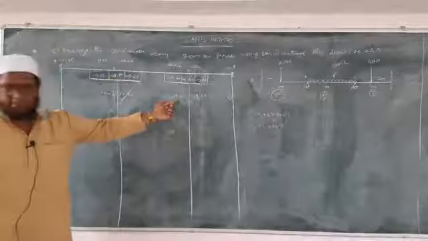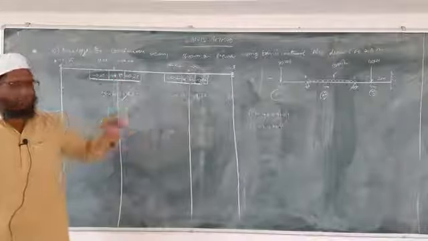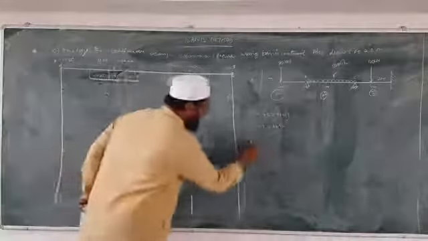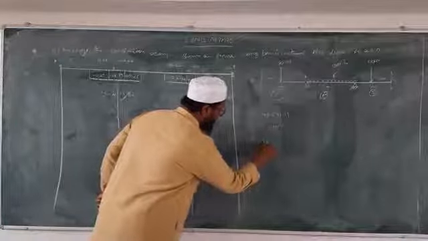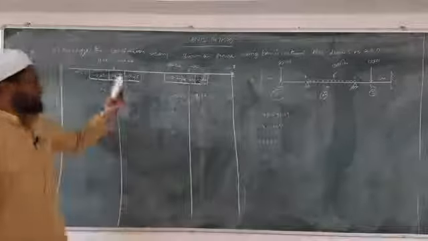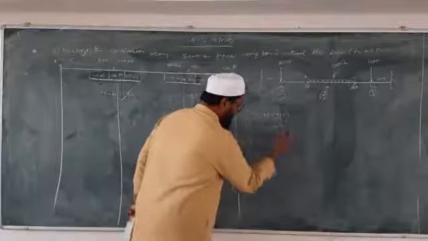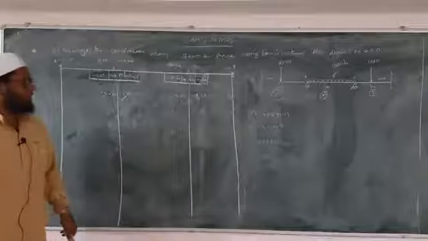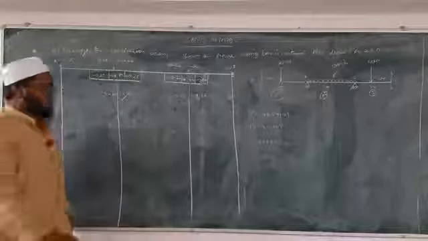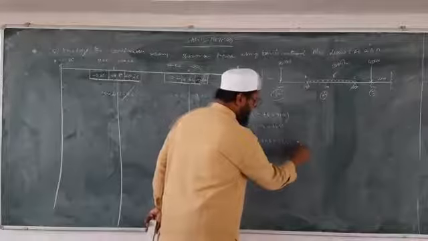Then we have some value here. What is this value? So 0 minus 48.89 minus 19.43. Tell me the value. Minus 68.32.